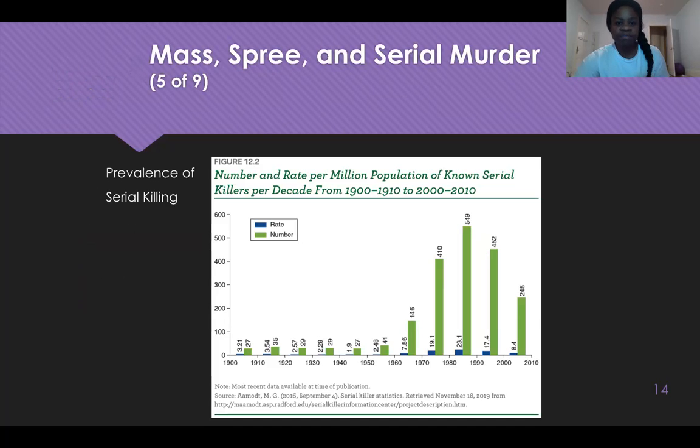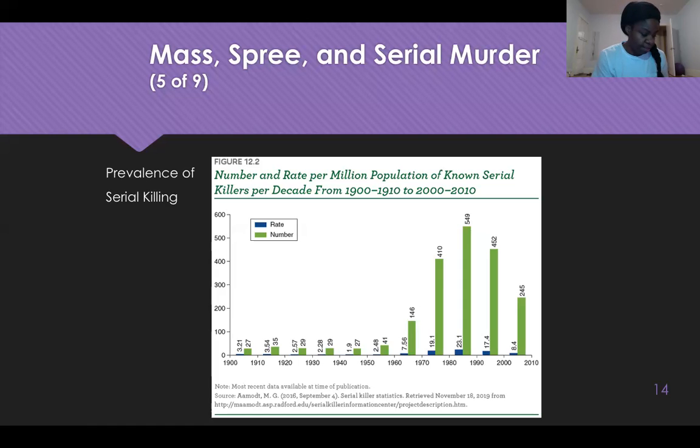This figure specifically illustrates the number and rate per million population of known serial killers per decade from 1900 to 1910, and then from 2000 to 2010. Please pause here and continue.